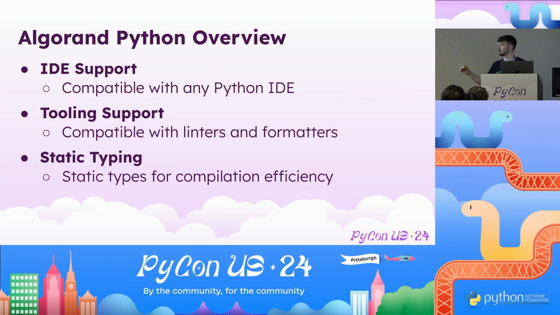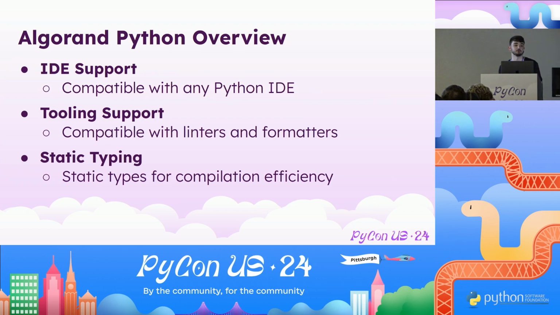So what does this mean? This means you can write your full app, including the smart contract, in any Python-compatible IDE, because again, it's just valid Python. It's compatible with any linters or formatters, any tooling that works with Python source code. We also leverage static typing for compilation efficiency. This is important to mention because, like I said, we're not running in the Python interpreter.